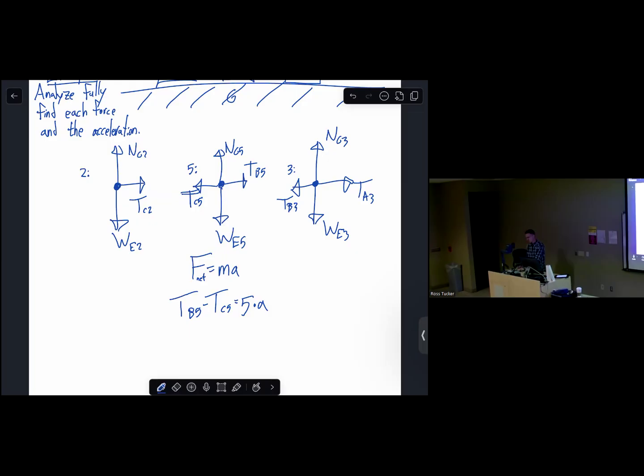Is the mass of box 2 3? This is Google Form J. Horizontal.